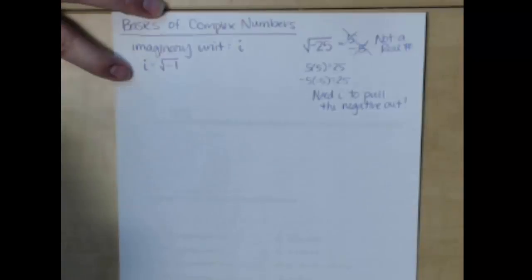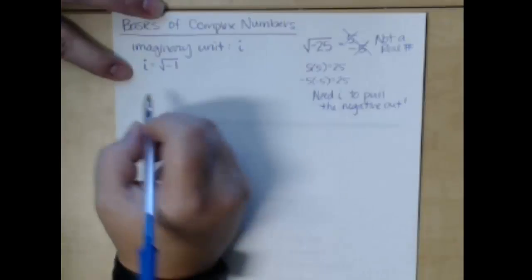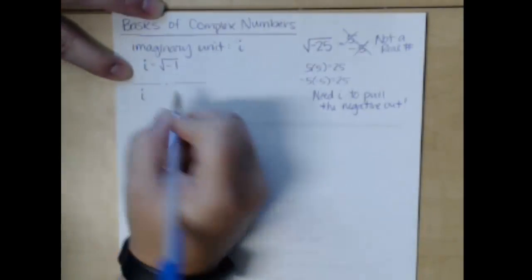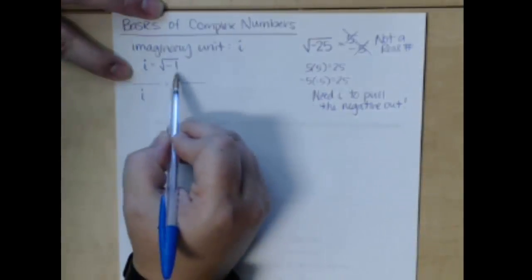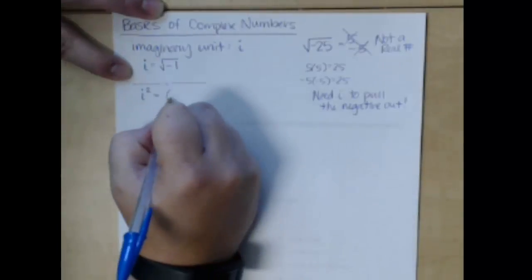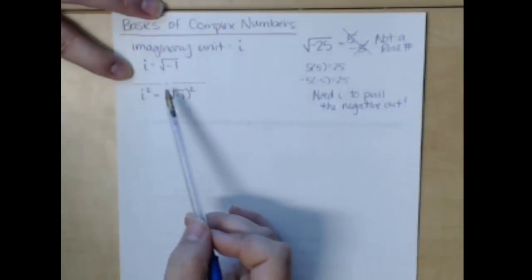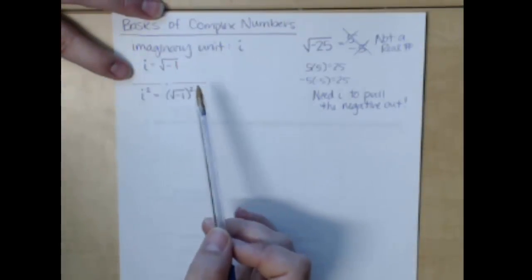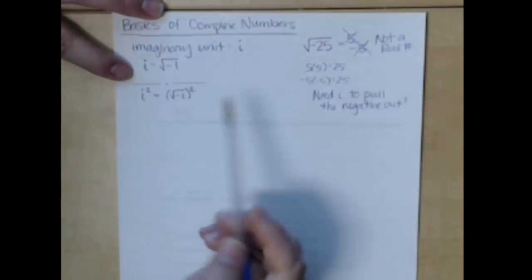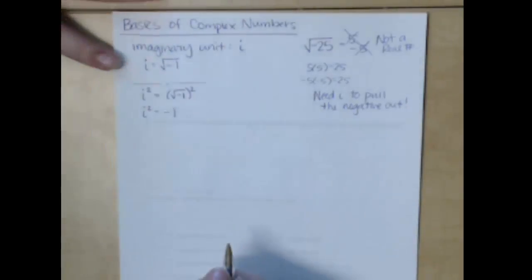One other thing you need to be sure to know about i is that we need to not only know what i is, but also what i squared is. So let's think about this for a second. If i equals the square root of -1, what would happen if I square both sides? I would get i squared on the left, and on the right I would get the square root of -1 squared. Now, just like a square root undoes a square, a square will undo a square root. So my square and my square root cancel here, and that tells me that i squared is equal to -1.